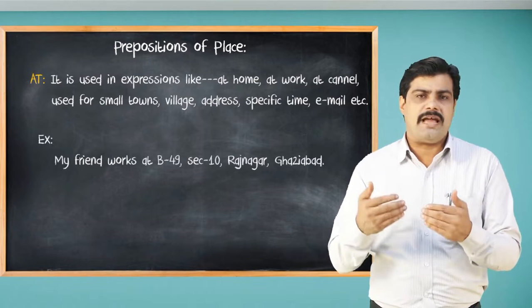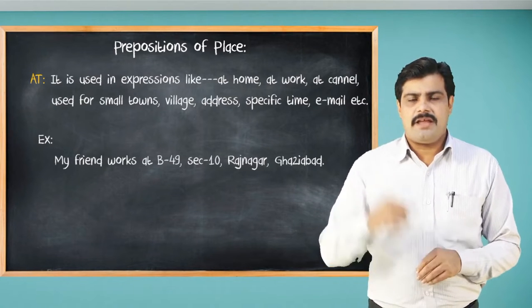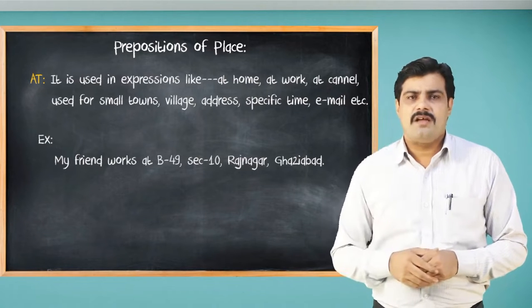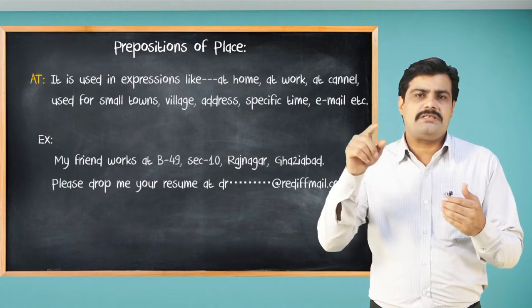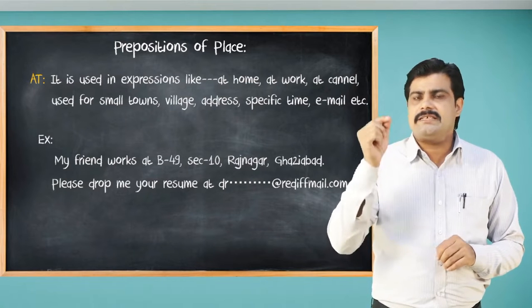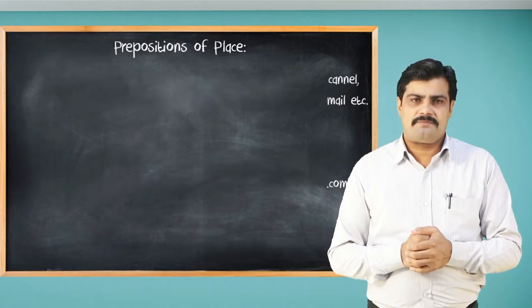My friend works at B49 Sector 10 Rajnagar Ghaziabad. Here it is an address. For address we use at. Please drop me your resume at dr@rediffmail.com. So here it is an email ID, and for email ID we use at.